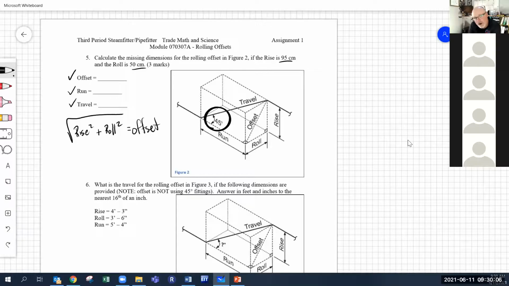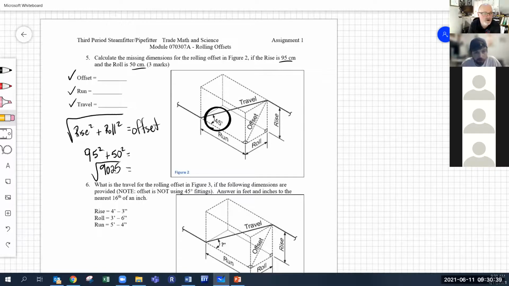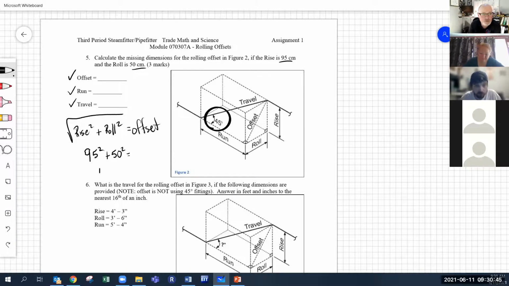Somebody got that number? Well, I could write it out. Does anybody have that number available? 9,025, and then we have to square root it. 95 squared is 9,025, and the roll squared is 2,500, so combined it was 11,525.